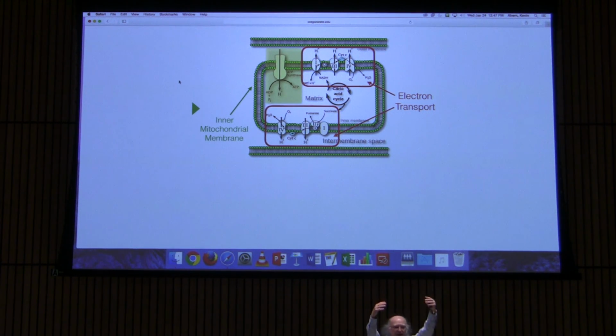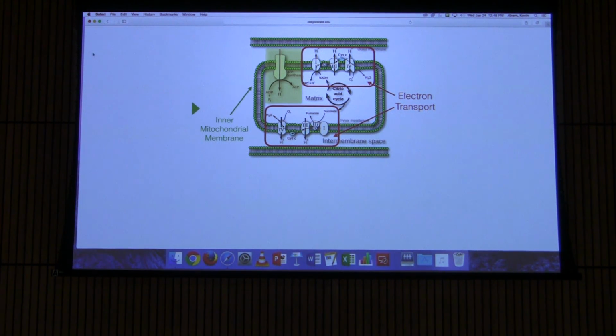So if I let that water come back down and turn a turbine, I could use the energy of that movement of the water to do something. Charge another battery, right? Well, the movement of this water, in this case the protons, back into the matrix is turning a little turbine, and it really is a little turbine. I'll show you that next time. The movement of that turbine causes ATP to be made from ADP. And that's the way that 99% of your ATP in your cell is made. By the turning of a turbine. Amazing. Okay, that's a lot of information.